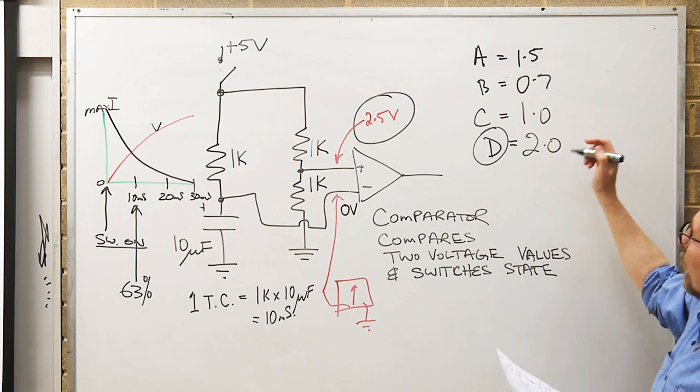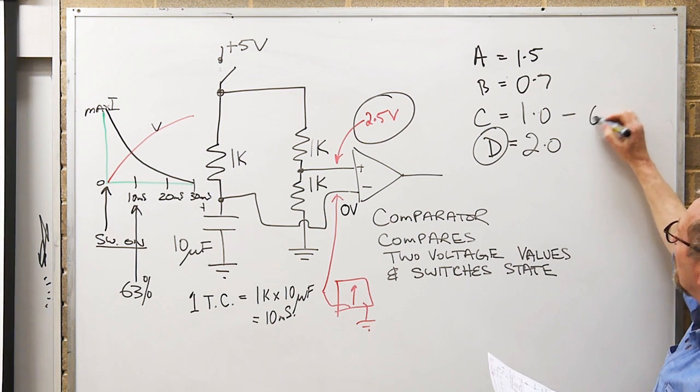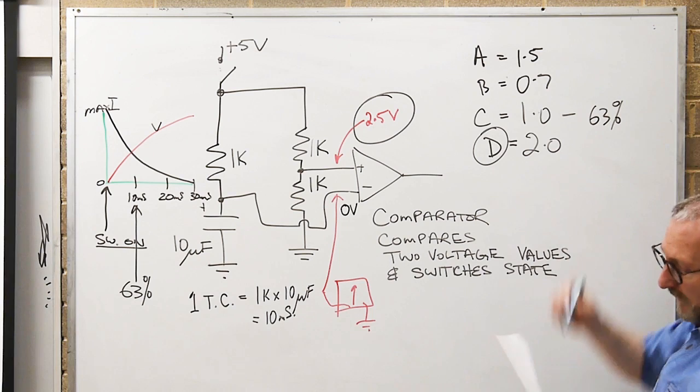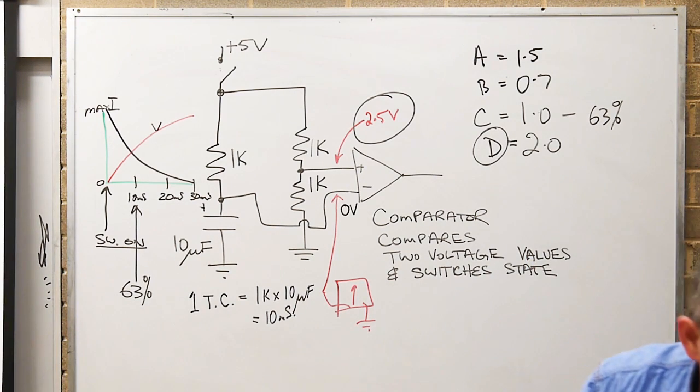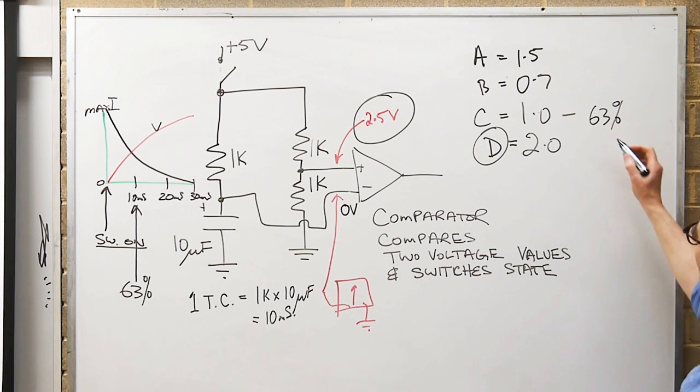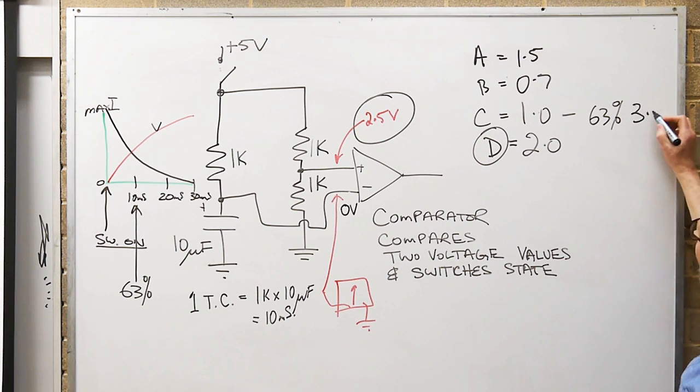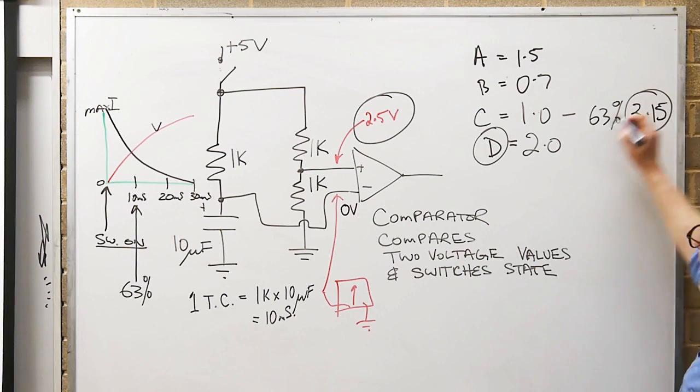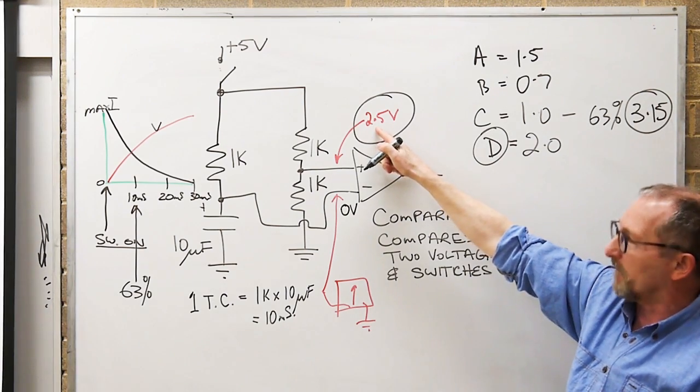Well, we know that 1 time constant is 63%. Get your calculator out. What's 63% of 5 volts? 3.15 volts. Bang, it's already way past the 2.5.